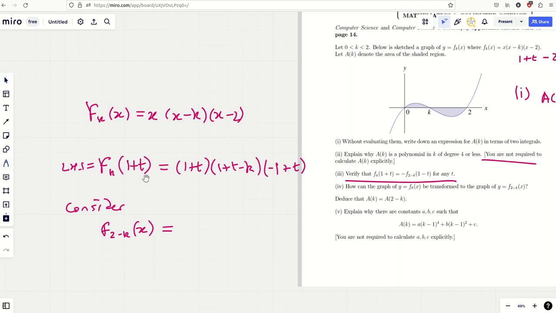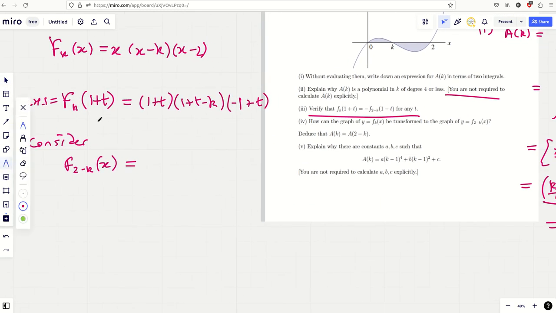Okay, I can see it now. All I'm going to do is build it up slowly, swap the k's for 2 minus k's. So x minus 2 minus k, x minus 2. In other words, that's the same as x plus k minus 2, x minus 2. Cool. Okay, so that's f of 2 minus k of x.